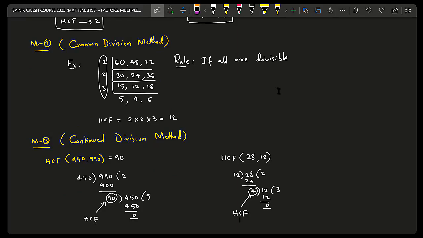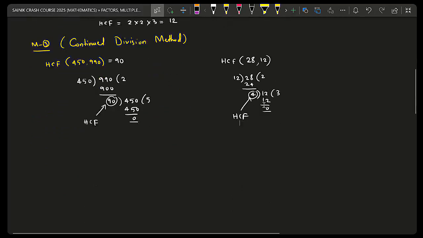Okay, sir. 5 is dividing 5, but it is not dividing 4 and 6, no? That's why there is no common factor for all of them. We have to stop the process and multiply only the left side numbers 2, 2, 3. Okay? So next we are going to discuss method number 4.